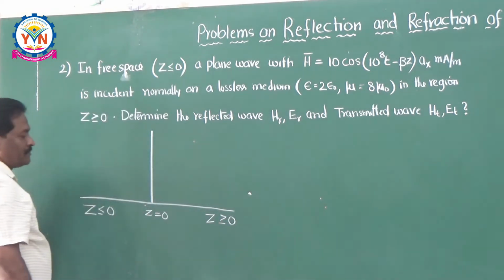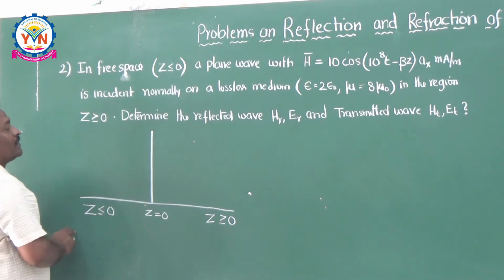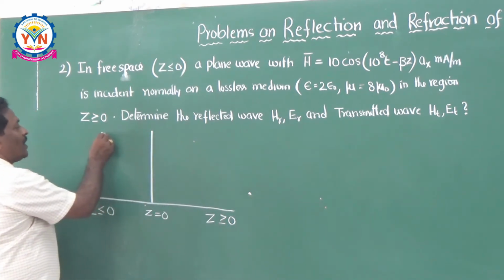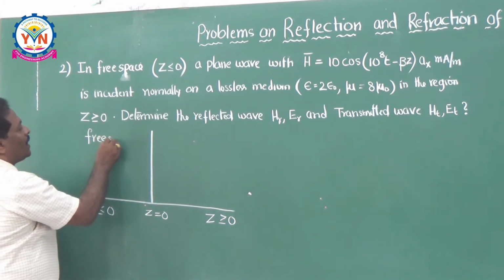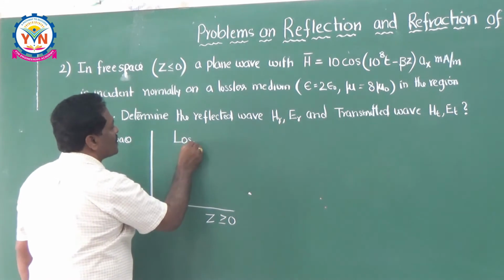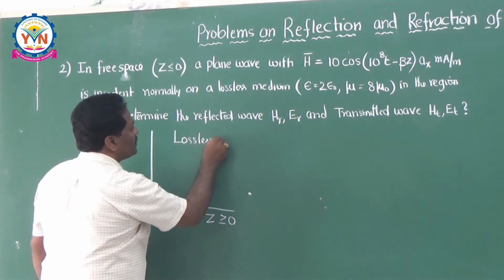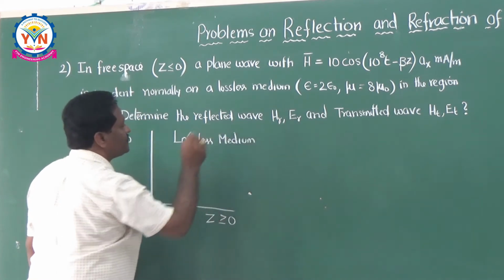This medium, z less than 0, is medium one, called free space, and the other medium is the lossless medium, which probably is a perfect dielectric medium.